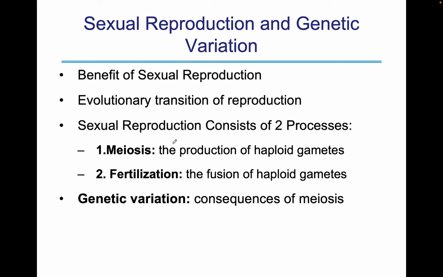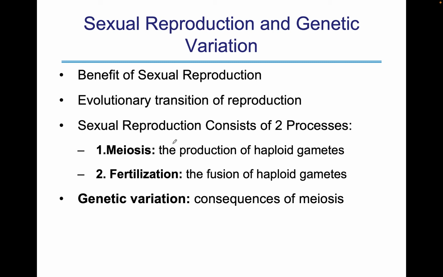So meiosis is going to lead to gametes, which are sex cells, which have half the genetic information. And then the second process is fertilization. This is where two haploid gametes fuse and restore the number of chromosomes to its original diploid value. So meiosis is the production of the haploid gametes. Fertilization is the fusion of the haploid gametes.